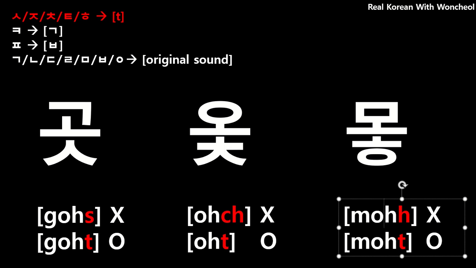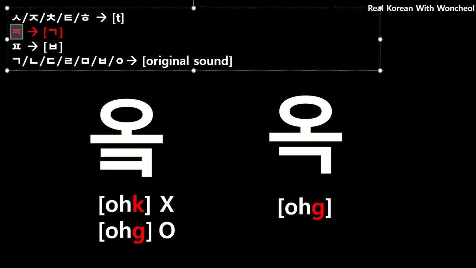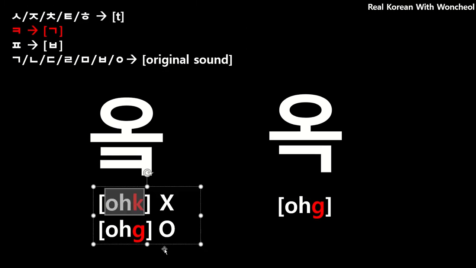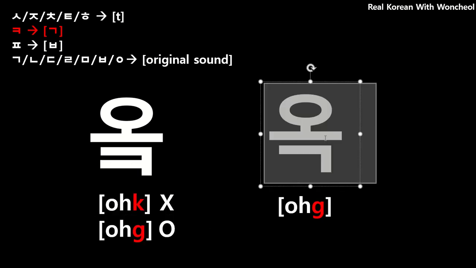All right. And second rule is this one. Original sound of this is K sound, but when it's as the final consonant, it's G sound, like this, 기억. So it's not, okay, but it's 옥, like this one.